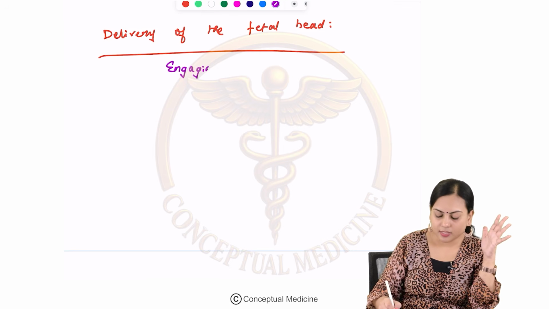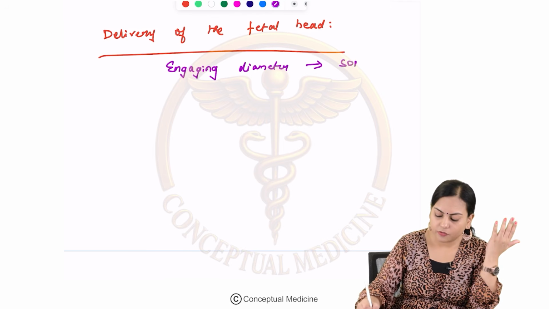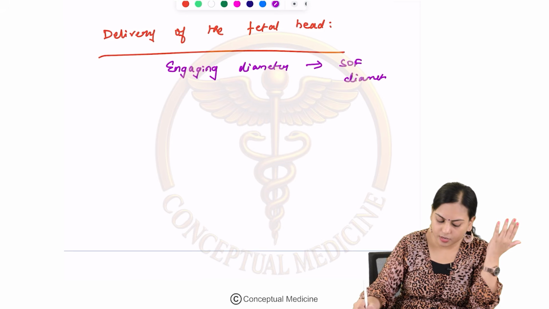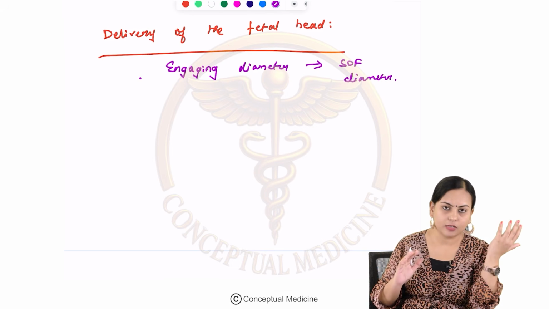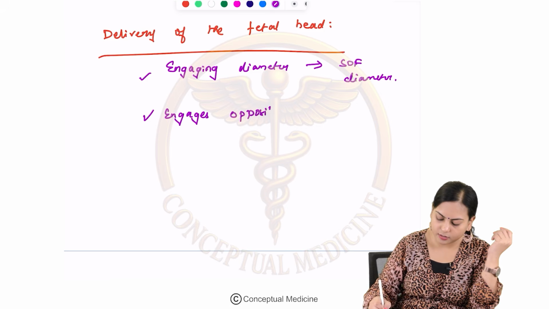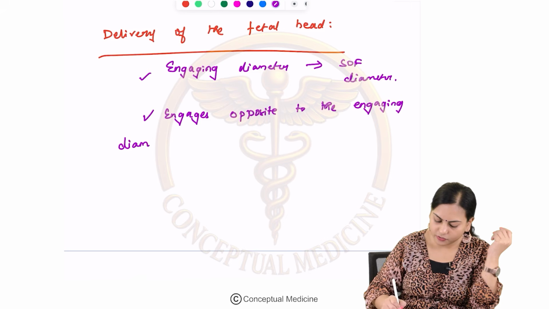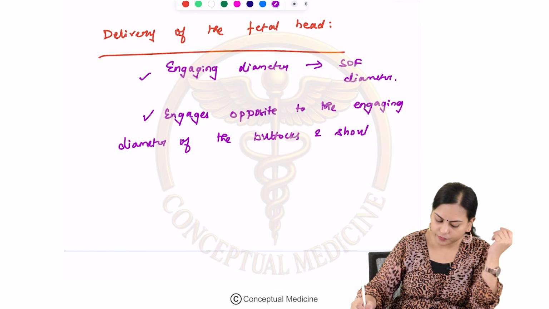In some cases, the engaging diameter becomes suboccipito-frontal diameter, and this engages just opposite to the engaging diameter of the buttocks and shoulders.